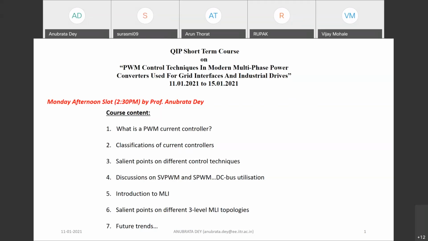Then we deal with PWM techniques, the pulse width modulation technique. Hopefully, everybody as participants has the background on the basics of pulse width modulation, so I am not going into much detail, but I expect all of you should know. Based upon that, the PWM current controller will be discussed, along with some features of the different types of current controllers and their classifications.